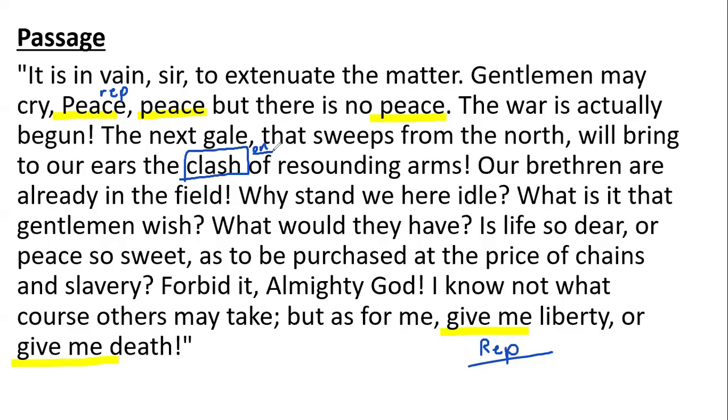So resounding arms. Resounding means basically showing empathy, but arms cannot be empathetic, so that would be personification.